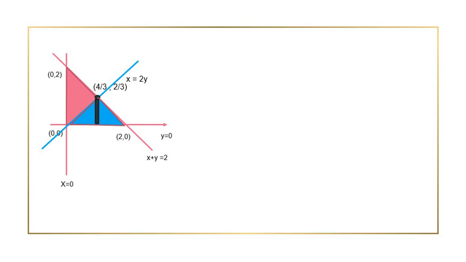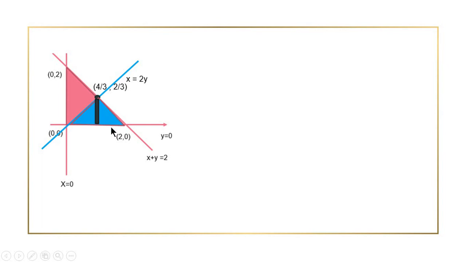Now I am going to consider a horizontal strip, because when I consider a vertical strip, you get two different regions, isn't it? Here the top equation and the bottom equation is different compared to the right side of the triangle.